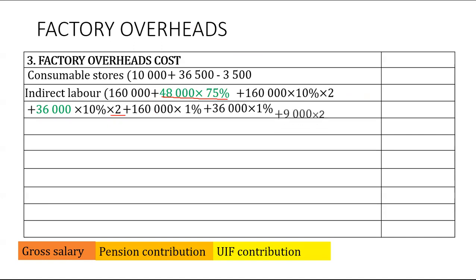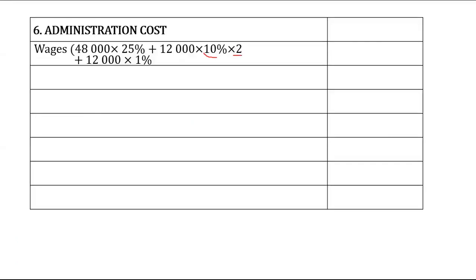We will pay twice of that. And when it comes to the cleaner, even though the cleaner contributed 9,000, only 75% of that was for the factory, and then we multiplied it by 2. The other 25% will go to admin, meaning that we will take it there in the admin, times it by 25% and times it by 2. Done with medical aid.